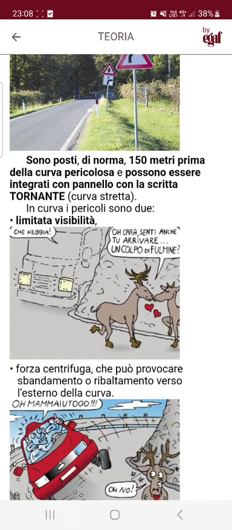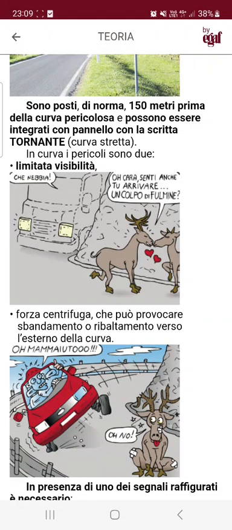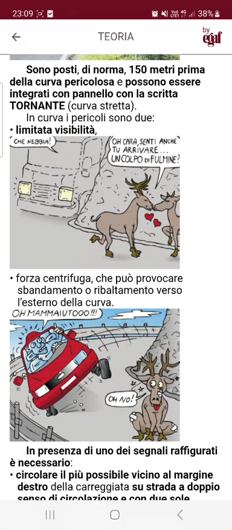He said there are some dangers you will experience. One of them is forza centrifuga, which can cause sbandamento or ribaltamento toward the outside of the curve. Which means when you are driving, the curve can push your vehicle outside the road.